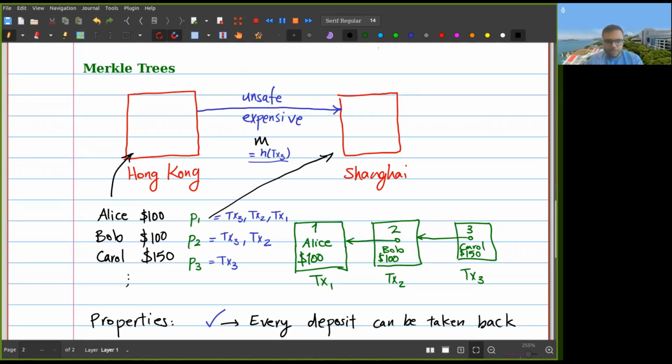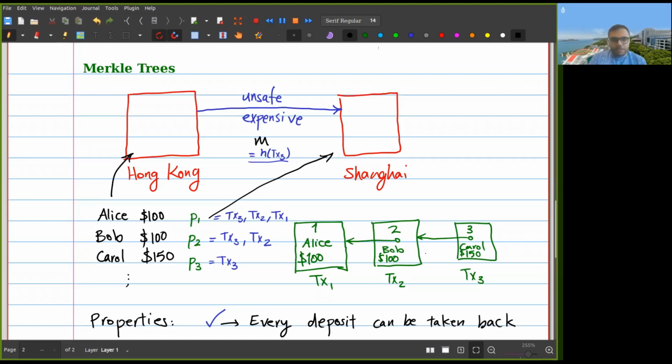And since we wanted to make sure that every deposit can be taken back, we gave that information to Alice, but that means that Alice now knows about transaction 2 and transaction 3. So she knows that Bob deposited $100 and Carol deposited $150. So that's a huge problem for us.